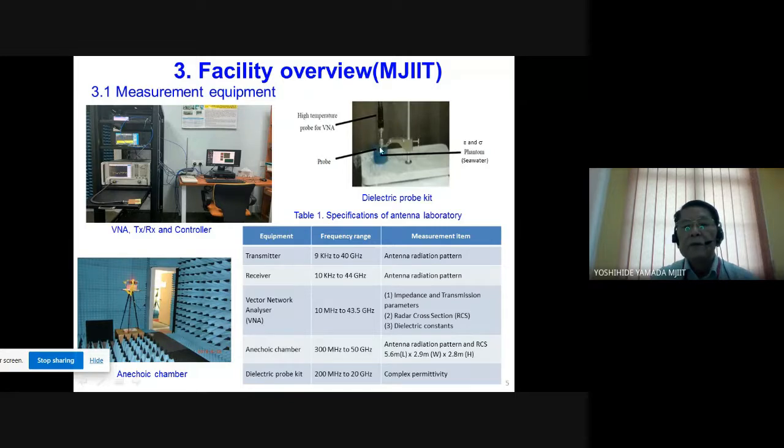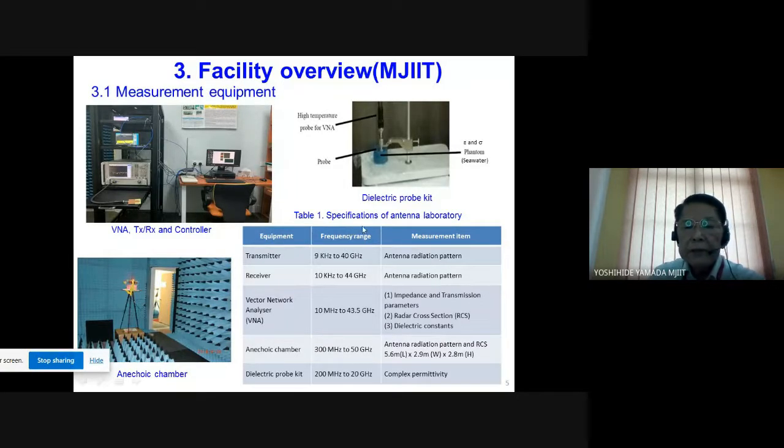So this is a fabricated phantom, and the epsilon and sigma of this phantom can be measured. If this is replaced by seawater, we can measure the dielectric constant of seawater. Many applications of measurement can be applied for dielectric material.